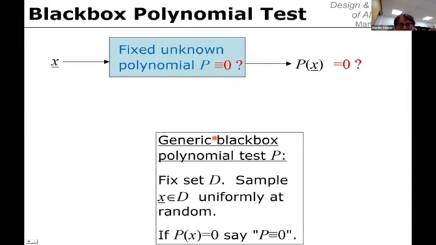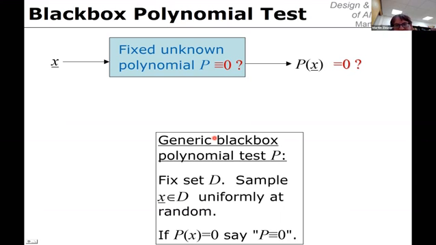Uniformly means every element in D has the same probability, so D is supposed to be a finite set. And then query me, what is the value of my polynomial on this argument x? And if I say it is 0, then the algorithm also says 0. And if I say it's non-zero, then the algorithm says the polynomial is non-zero.